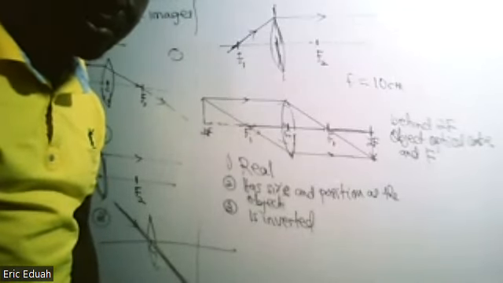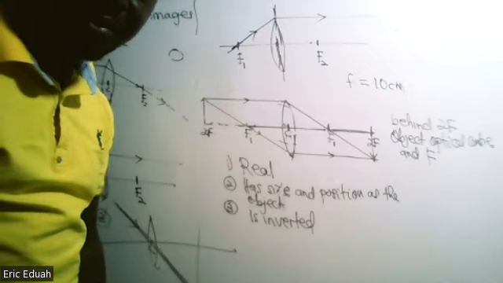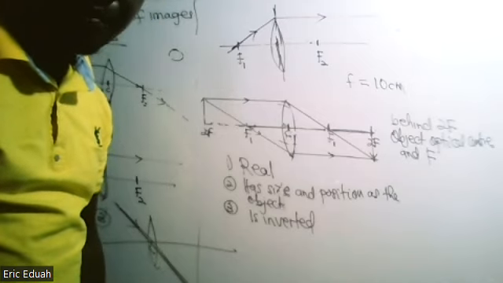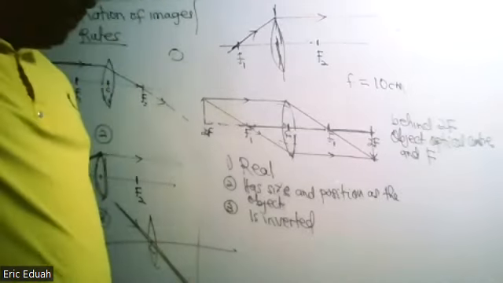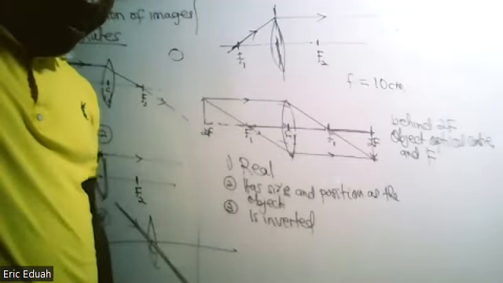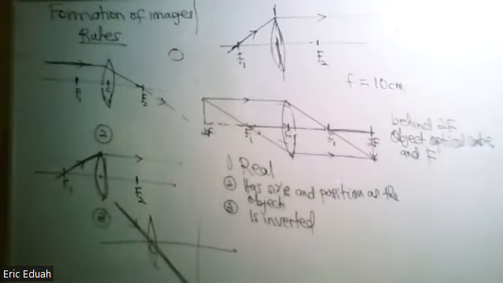Hello. What difference is the second one from the third? Pardon? The rules. The first rule is that a ray parallel to the principal axis, after refraction, would have to pass through the second principal focus.